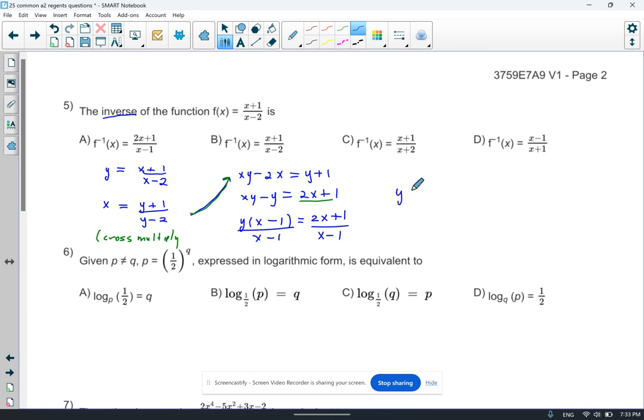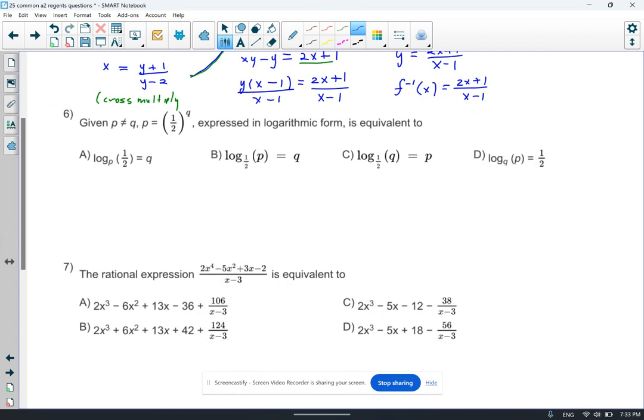And so y is equal to 2x plus 1 over x minus 1. And now we just put fancy notation. And now we look to see which choice matches, and we see it's choice A.